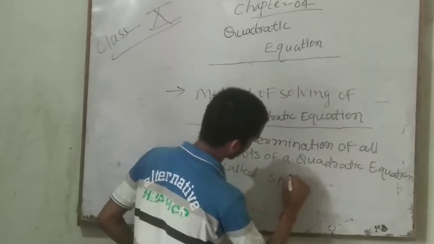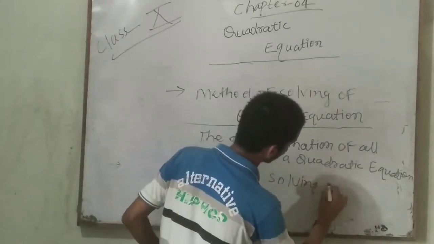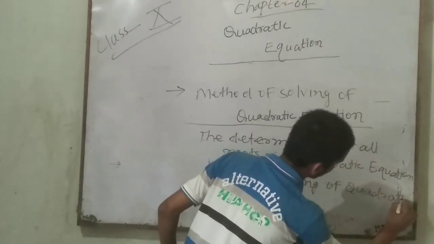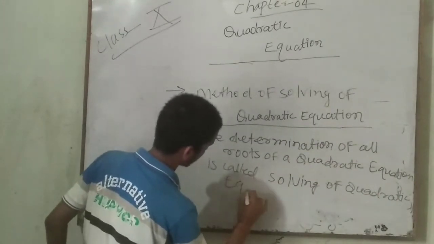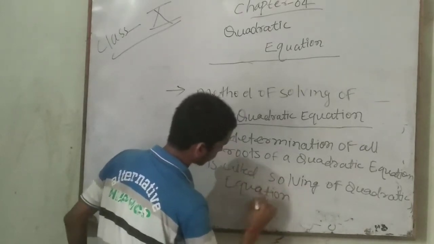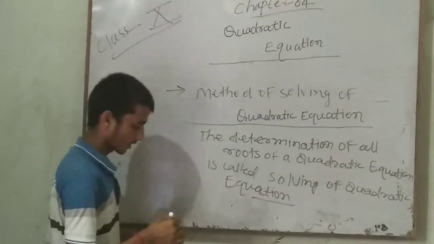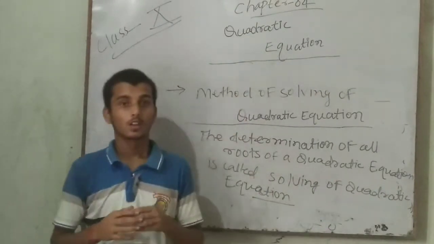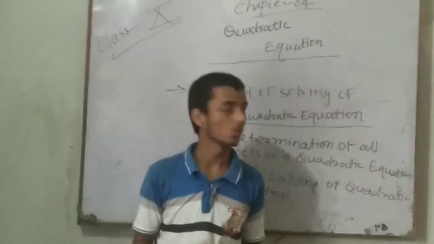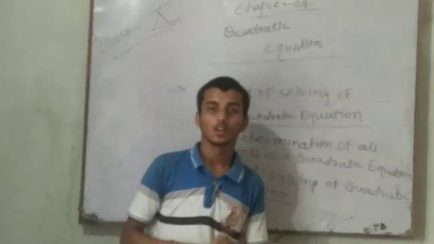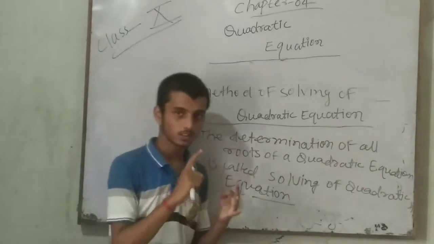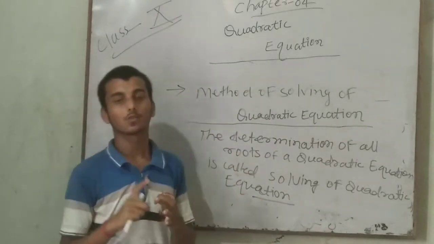Solving a quadratic equation means finding all the roots of it. A quadratic equation can be solved by three methods: factorization, completing the square, and the quadratic formula.